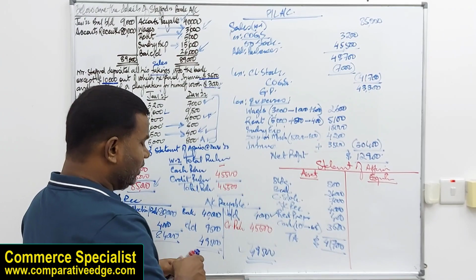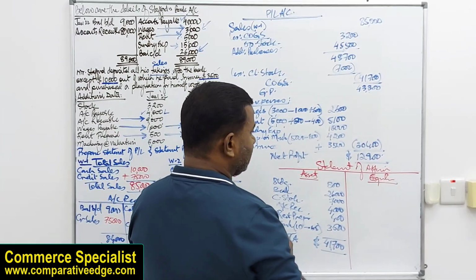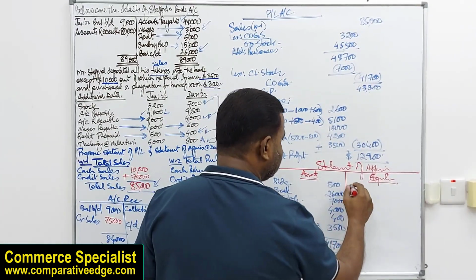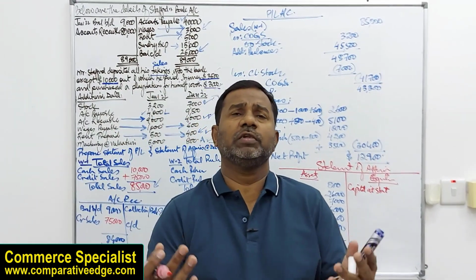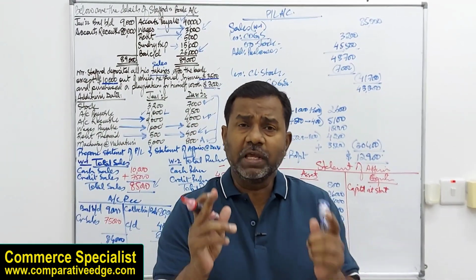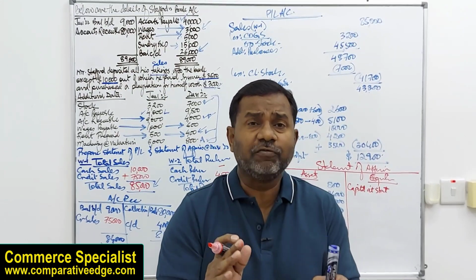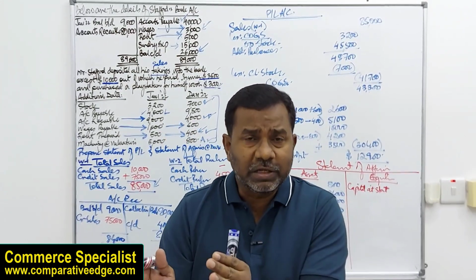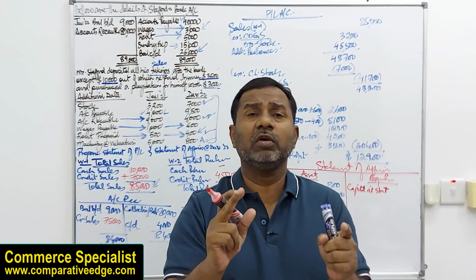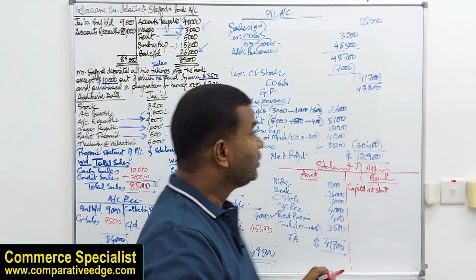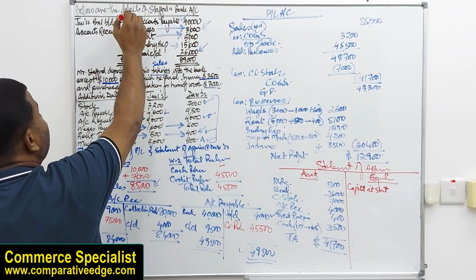On the equity side, you have to write capital at start, another name is opening capital. So for opening capital, please remember we have to add all the opening assets and minus all the opening liabilities. So I am highlighting all the opening assets with red. So look, we have opening bank balance.